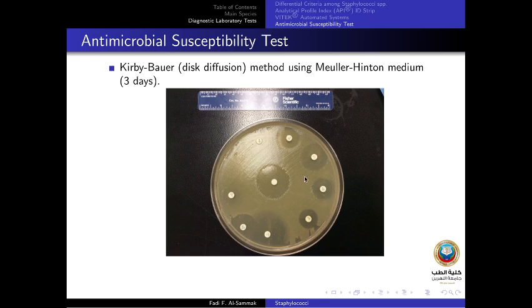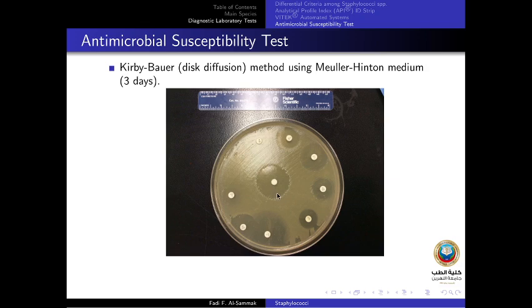And keep in mind that it is not about the size. When it appears to you that it is a large inhibition zone, it doesn't necessarily mean it is sensitive. It can be sensitive, it can be intermediate. It all depends on the figure and the number after measurement.